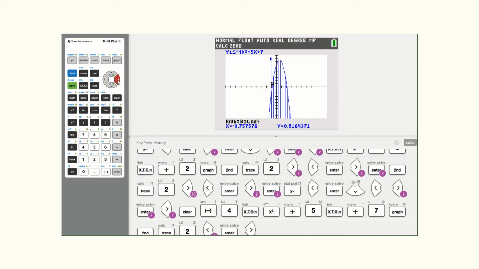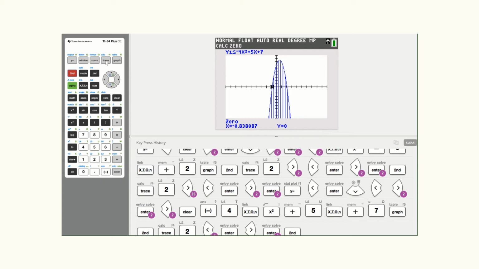Then I'm going to go right bound, just above the x-axis, and hit enter. We're going to say guess. Yes, we do want to guess. And when y is 0, x is negative 0.0838, or let's say negative 0.84. And so x must be greater than, because there's my solution set in the middle, negative 0.84. I've got to figure out the second zero, but it's going to be an and statement.